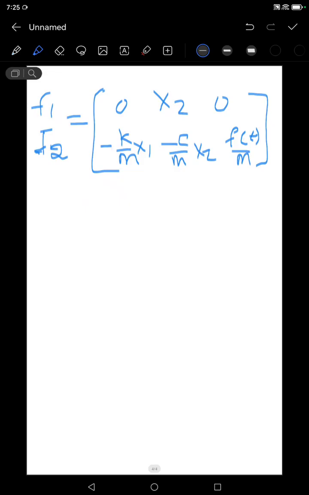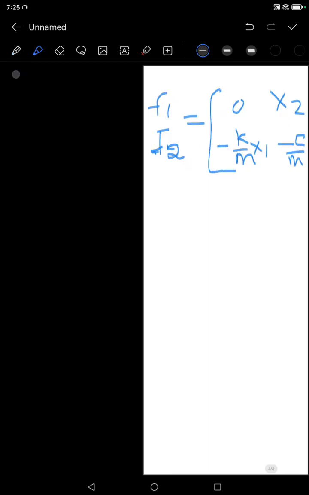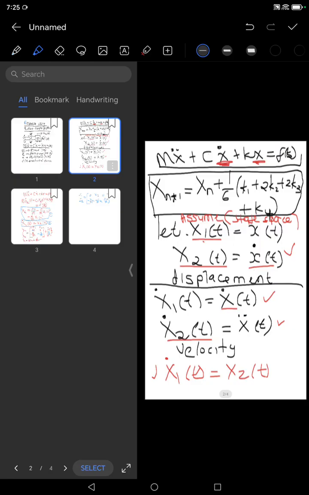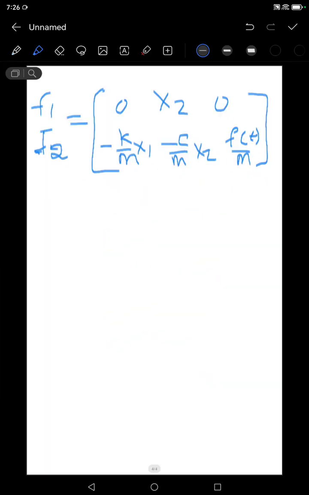After writing our matrix, that's where we're going to apply the Runge formula, the one that I wrote here. I didn't write it, okay, I'm going to show you now.